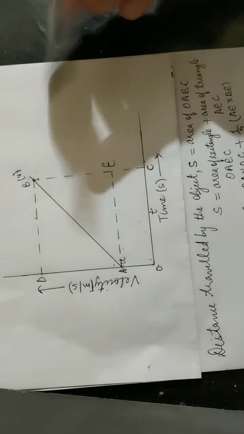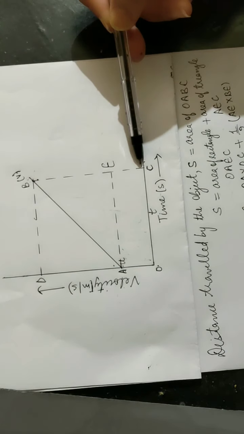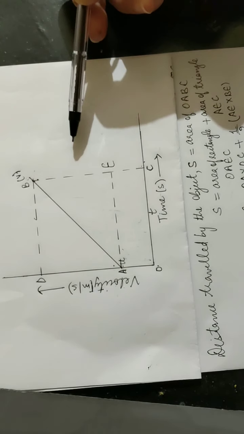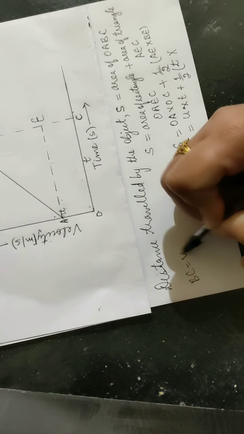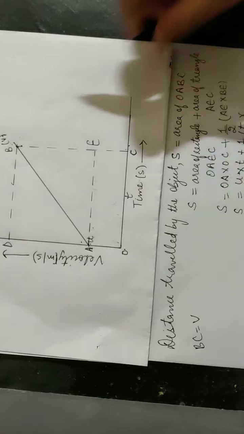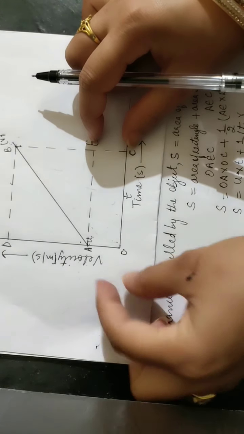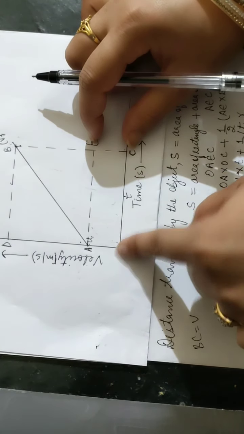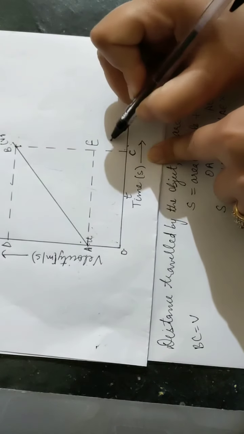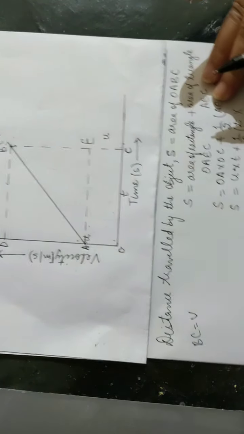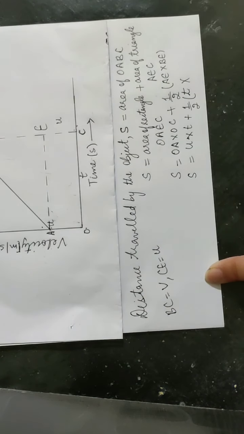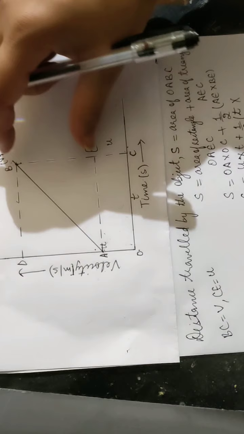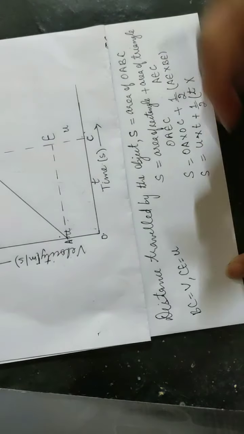What is this BE? We know that this whole BC is the final velocity, that is V. If BC is equal to V, and this CE part is parallel to OA and OA is U, therefore CE is also U. If we have to find out BE from BC, what would we do?